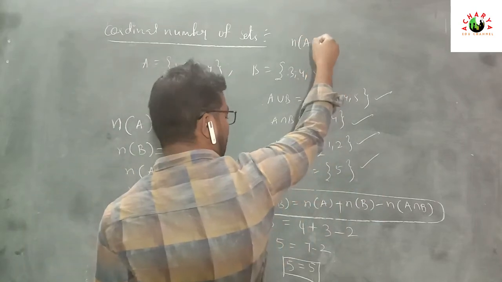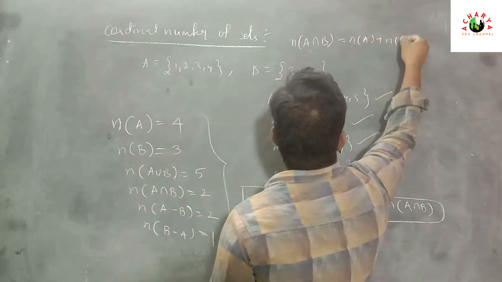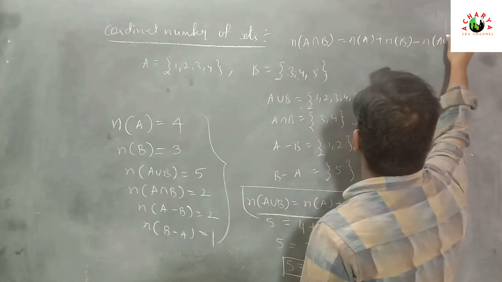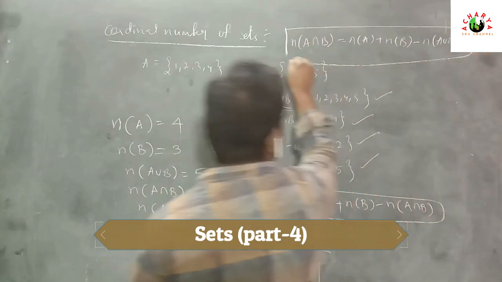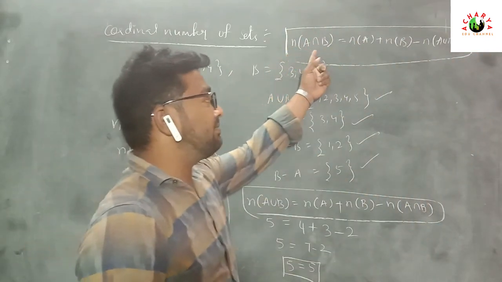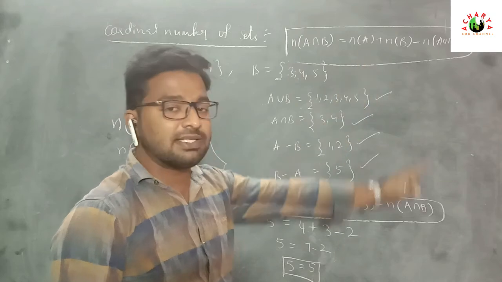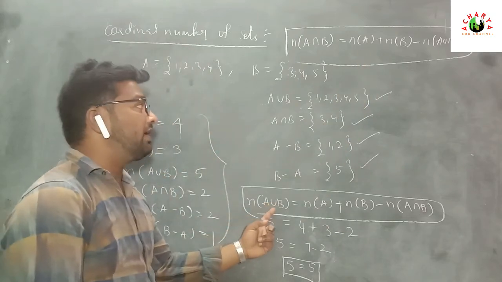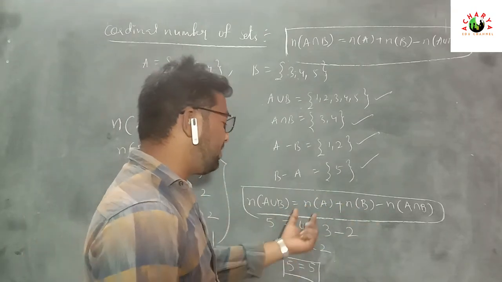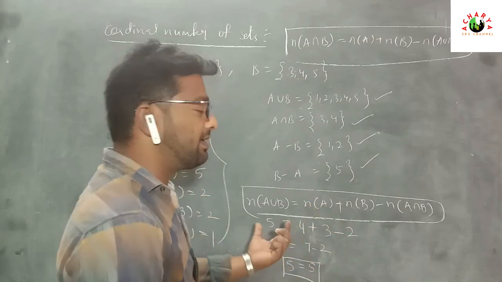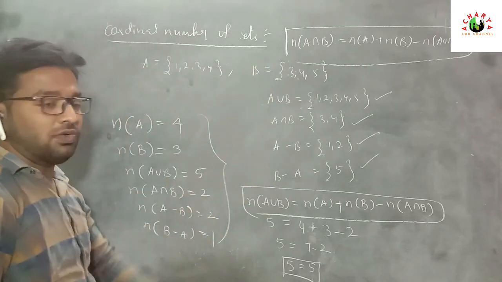So n of A intersection B is equal to n of A plus n of B minus n of A union B. If you want to find n of A intersection B, use n of A plus n of B minus n of A union B, and if you want to find n of A union B, use n of A plus n of B minus n of A intersection B. We can write it as n of, that is our wish. Okay, here we know these two formulas.